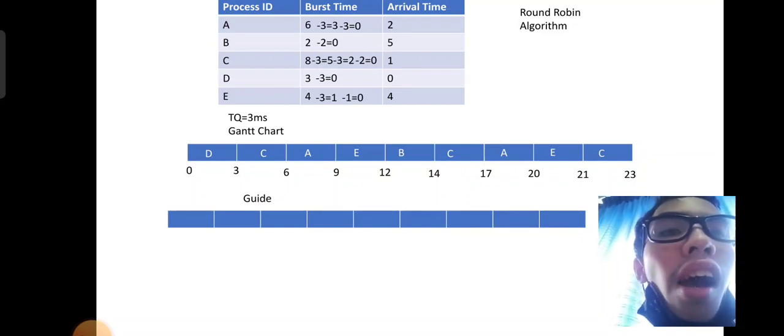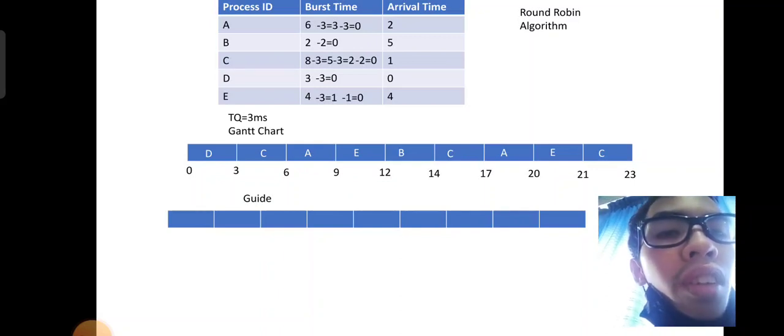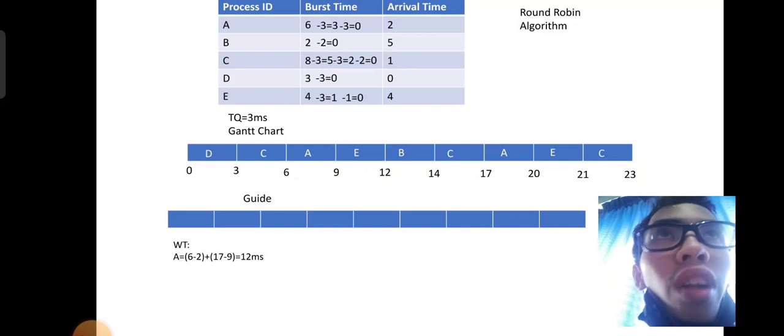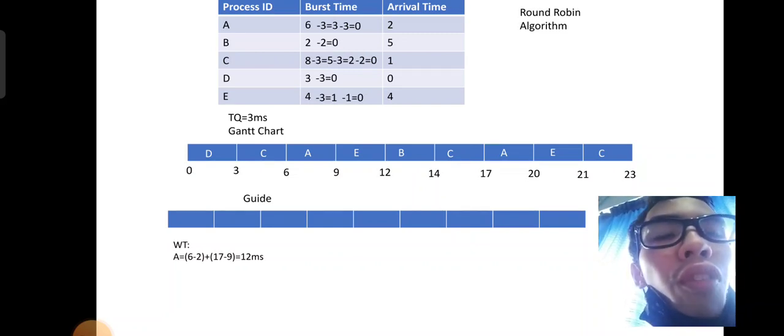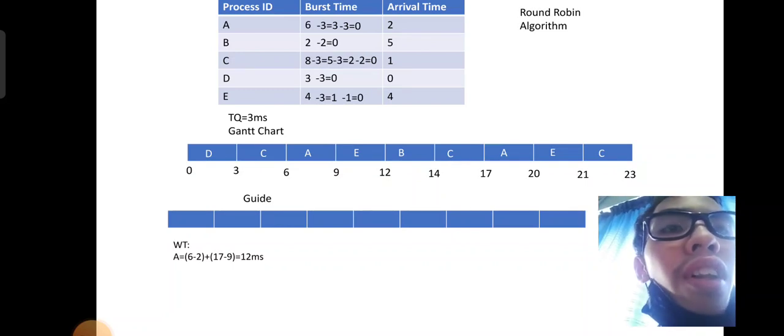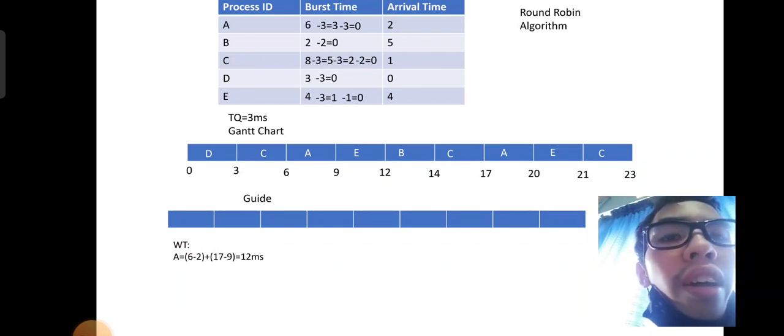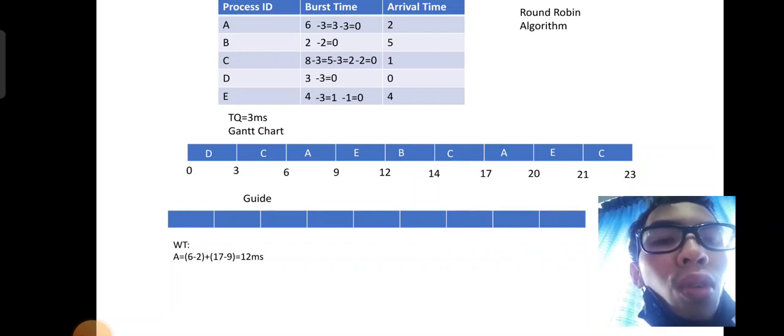Now to get the waiting time of each process, we will be using the unit of ms, or milliseconds. So in process A, to get the waiting time, in the first parenthesis, we will take the ready queue minus the arrival time. So the ready queue of A is 6 minus the arrival time, which is 2, so it's equal to 4.